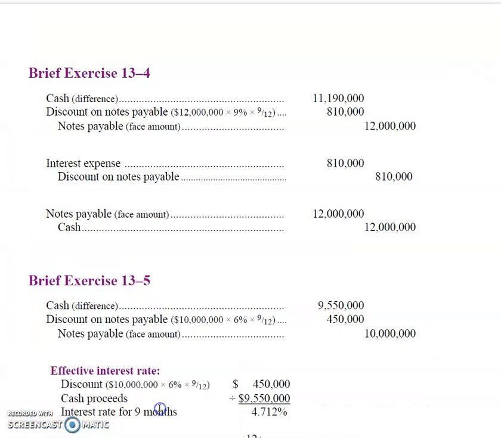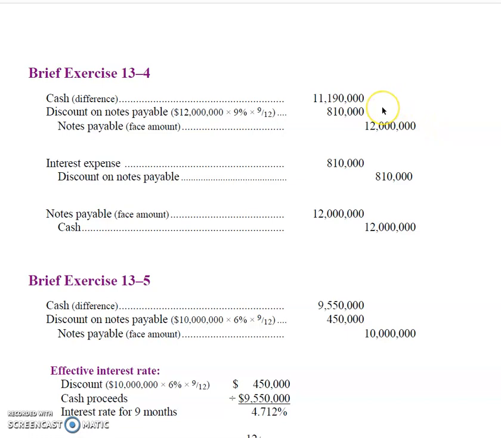And that comes out to $810,000 is the amount of the discount. That's the amount of interest that will accrue for the 9 months. So when we sell the commercial paper, we're going to credit notes payable for the $12 million face amount of the commercial paper.